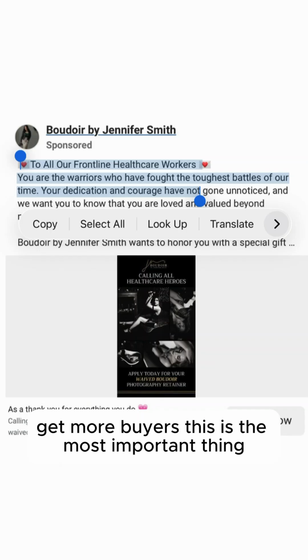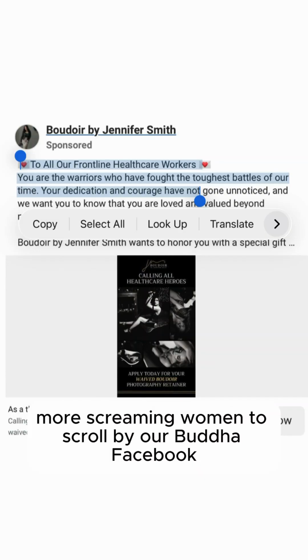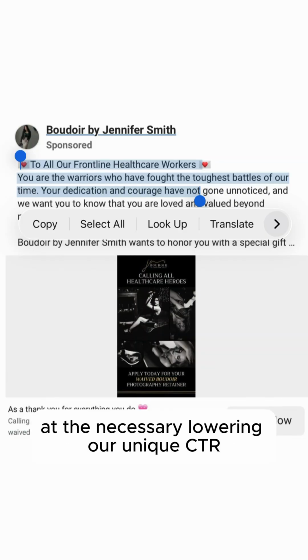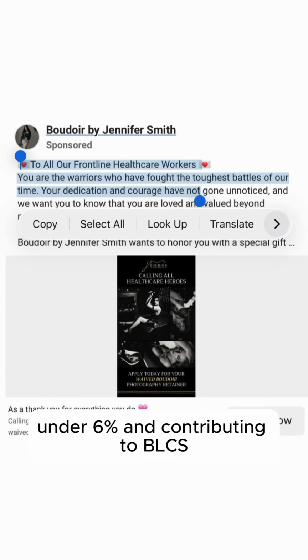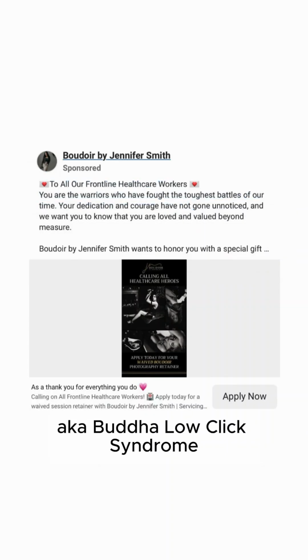This is the number one most important thing, to bring in more buyers. But what it actually causes is way more women to scroll by our Boudoir Facebook ad than necessary, lowering our unique CTRL, bringing us under 6% and contributing to BLCS, aka Boudoir low click syndrome.